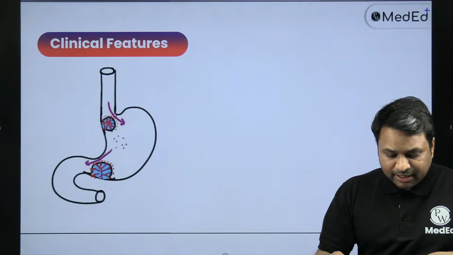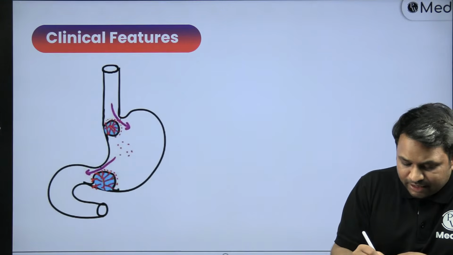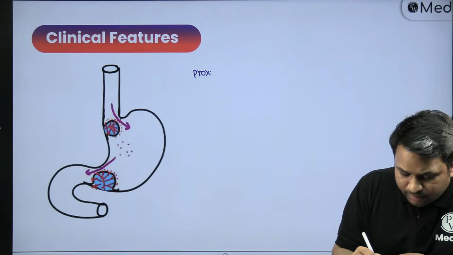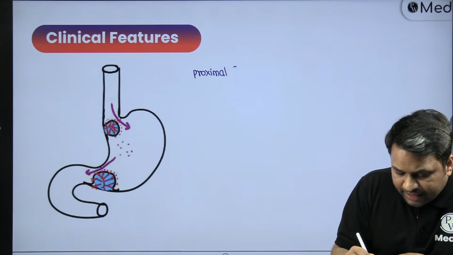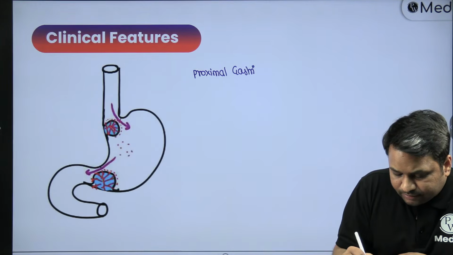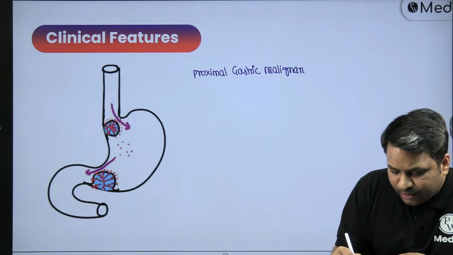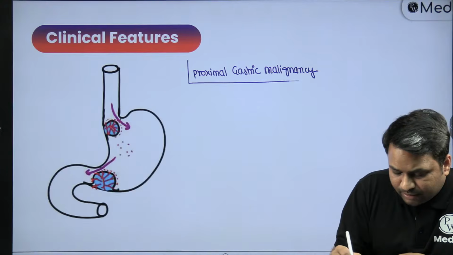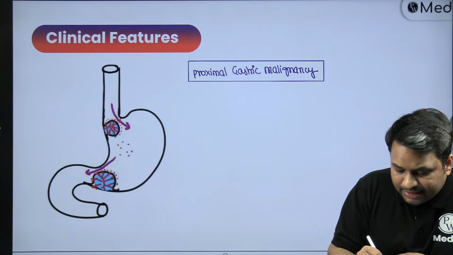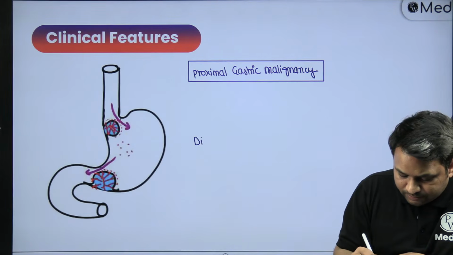Now, in the clinical features, what you have to remember is the difference between the proximal gastric malignancy versus the distal gastric malignancy.